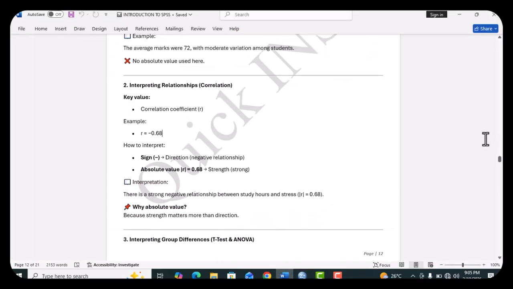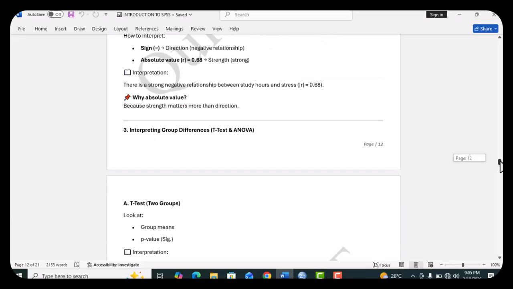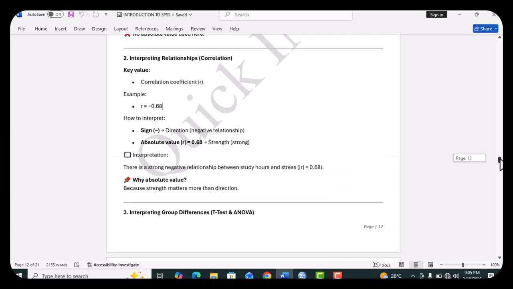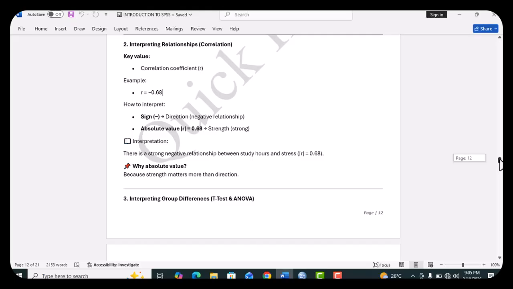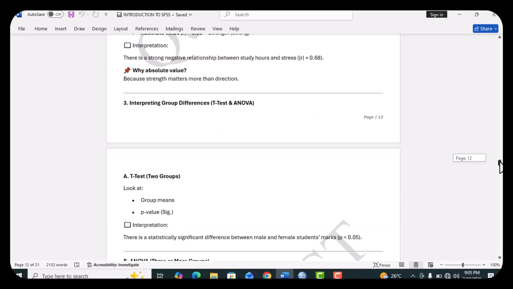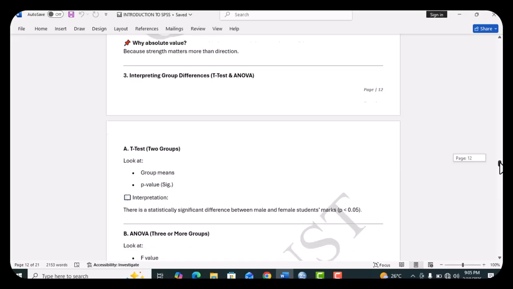So the first thing you need to do for interpretation of correlation is find the absolute value and then interpret. Why absolute value? Because the strength matters more than direction. When you find the absolute value, you know the direction to be a negative relationship, but the strength is the r.